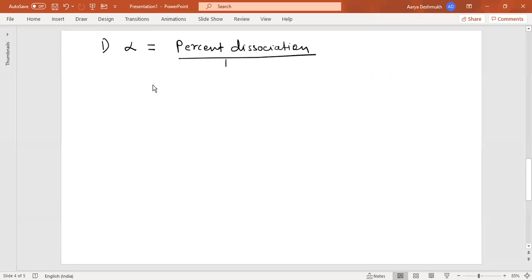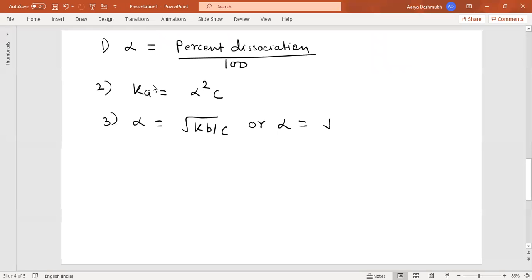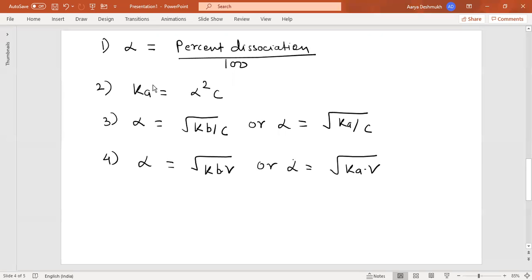We have studied this in the first lecture. Second, Ka, the acid dissociation constant, equals alpha square into C. Third, alpha equals square root of Kb divided by C, or alpha equals square root of Ka divided by C. And fourth, in terms of volume, alpha equals square root of Kb into V, or square root of Ka into V. So all these 4 equations can be used to solve the problems based on this.